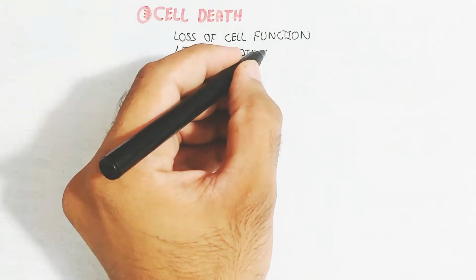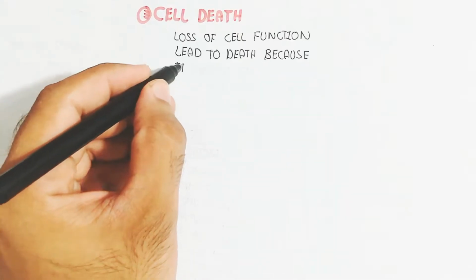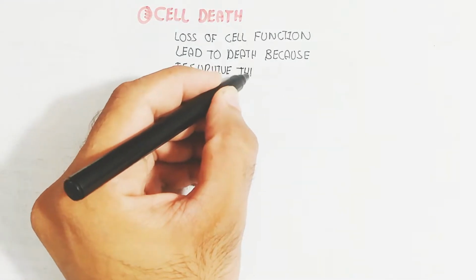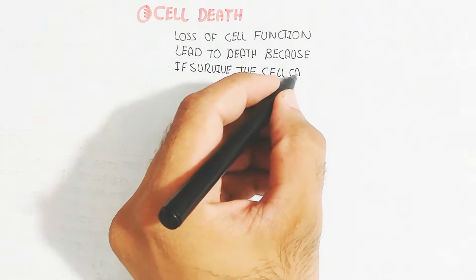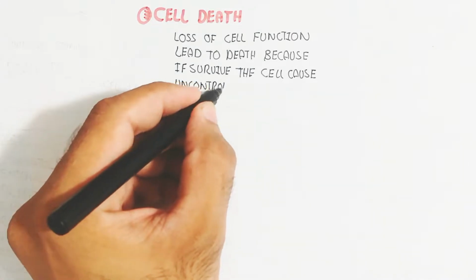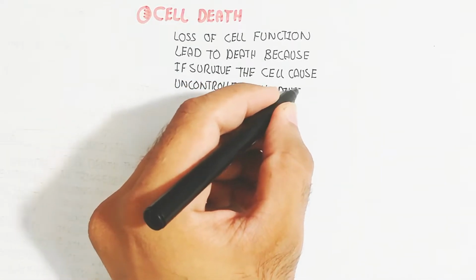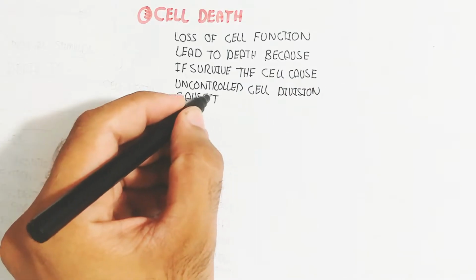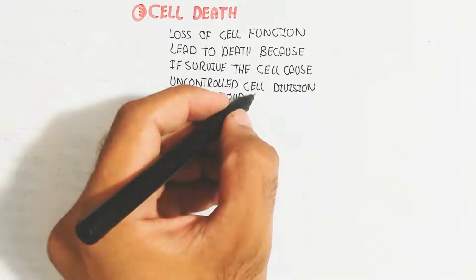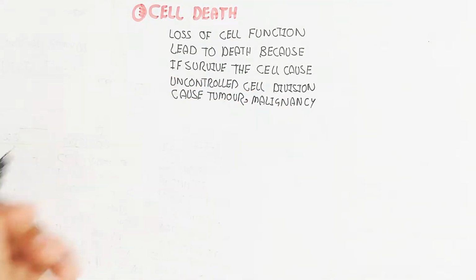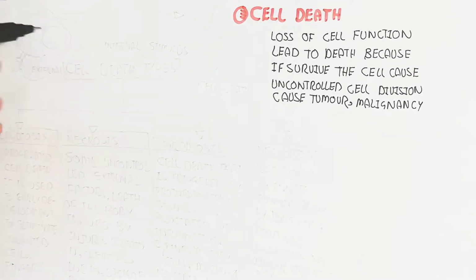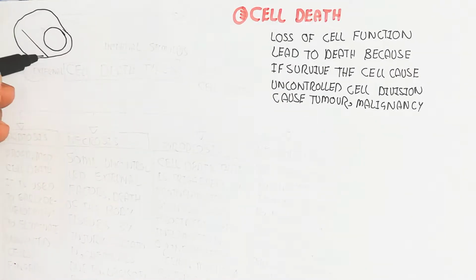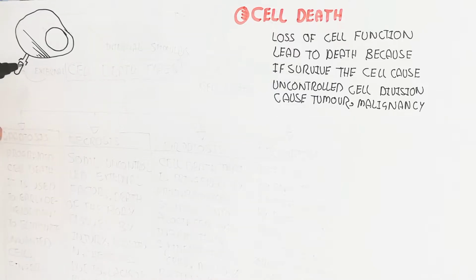The loss of cell function leads to death, because if the cell survives, it causes uncontrolled cell division, tumor and malignancy. External and internal factors are involved in cell death, such as damage to the DNA or inside the mitochondria.